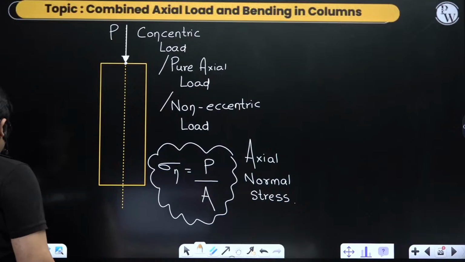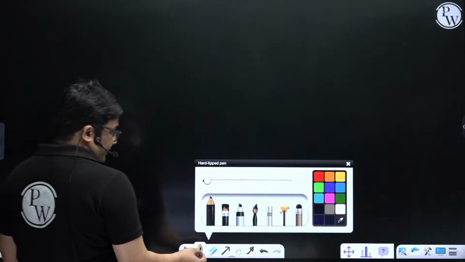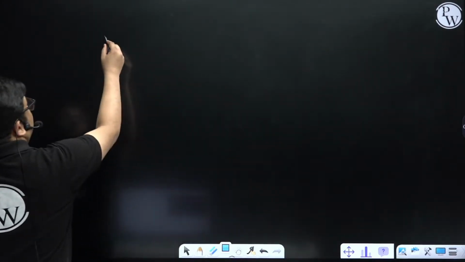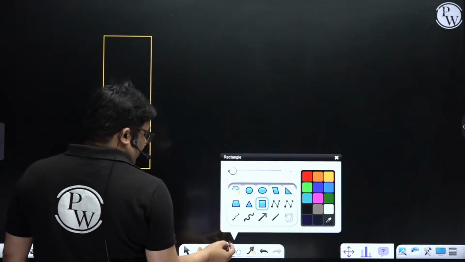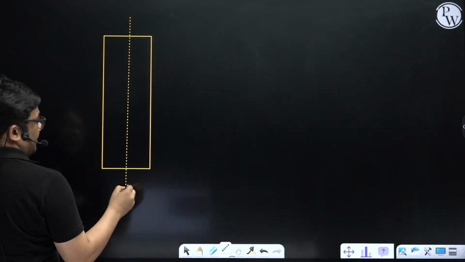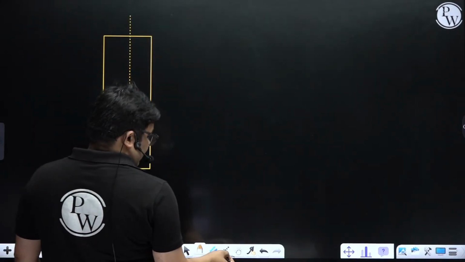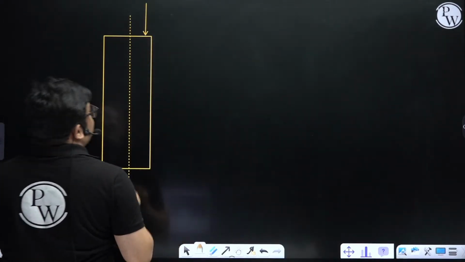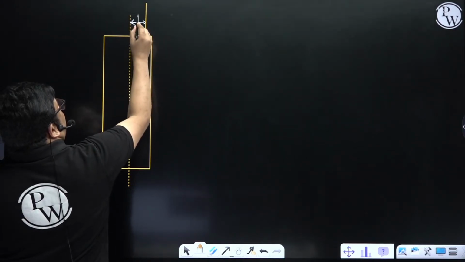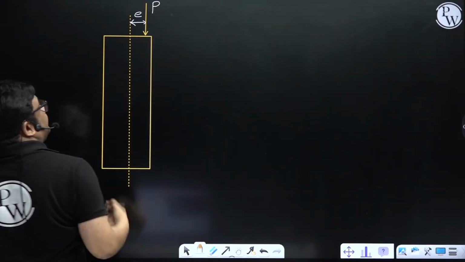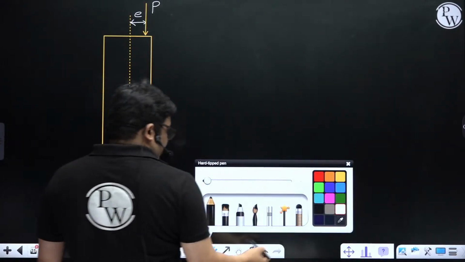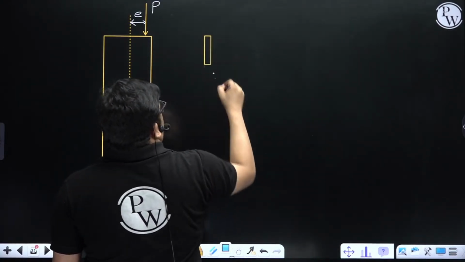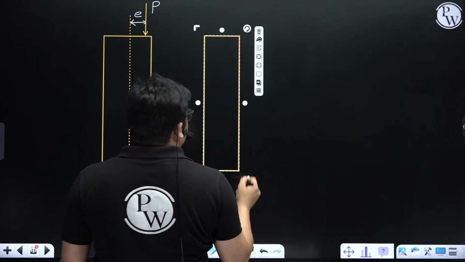But suppose there is some eccentricity. If we have a column like this, this is the longitudinal axis, and the load is applied at a particular eccentricity, suppose e. To see the effect, I'll shift the load to the longitudinal axis.